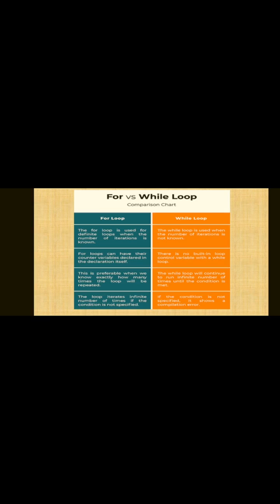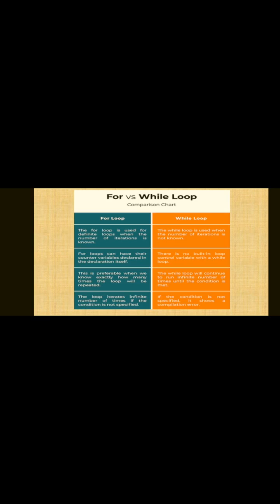The third point is that for loop is preferable when we know exactly how many times the loop will be repeated. So we use for loop if the number of times the loop will be executed is already known to us. In case of while loop, it will continue to run an indefinite number of times until the condition is met.